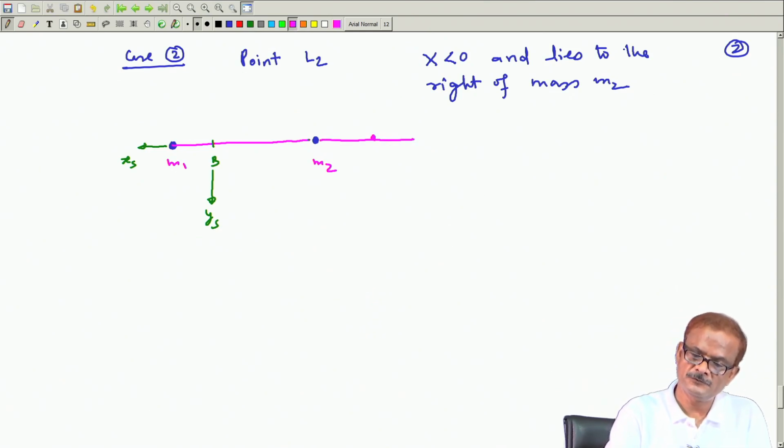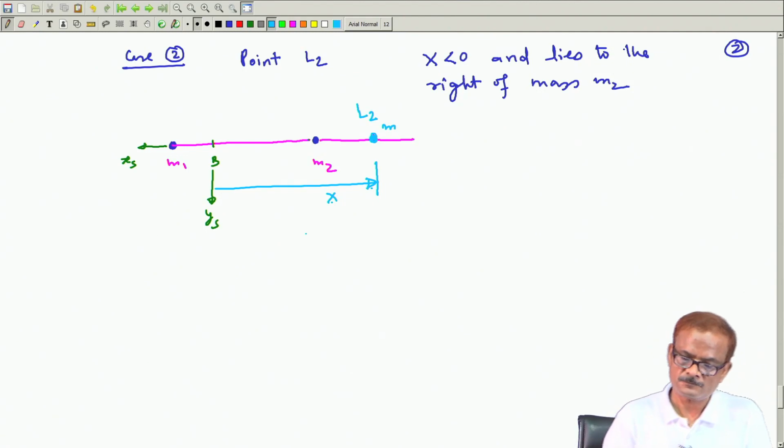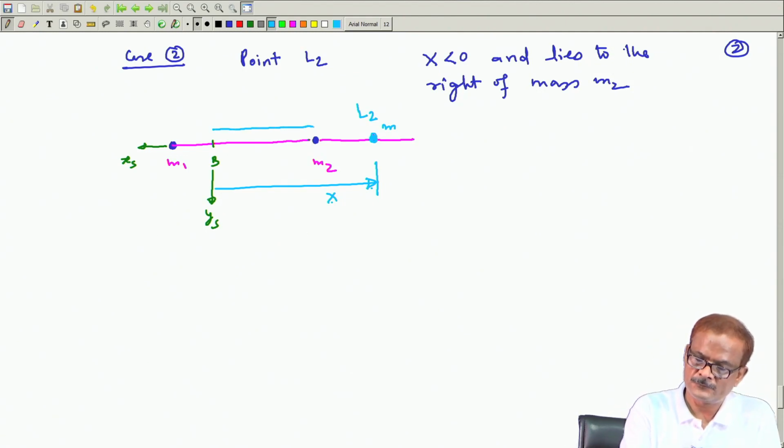And the point L 2, now we are assuming that it lies somewhere here, this is mass m. In this direction, this is your x distance, the location of the third mass. Of course, the distance from this place to this place is 1 minus mu star.